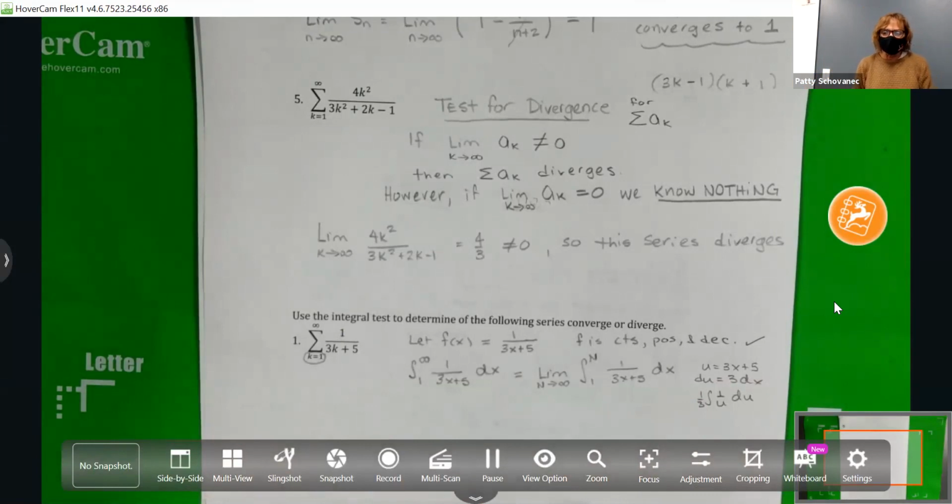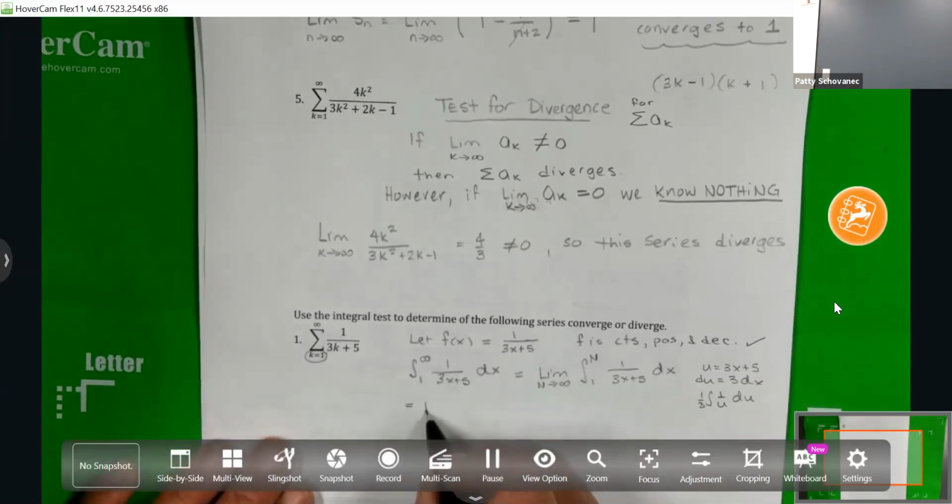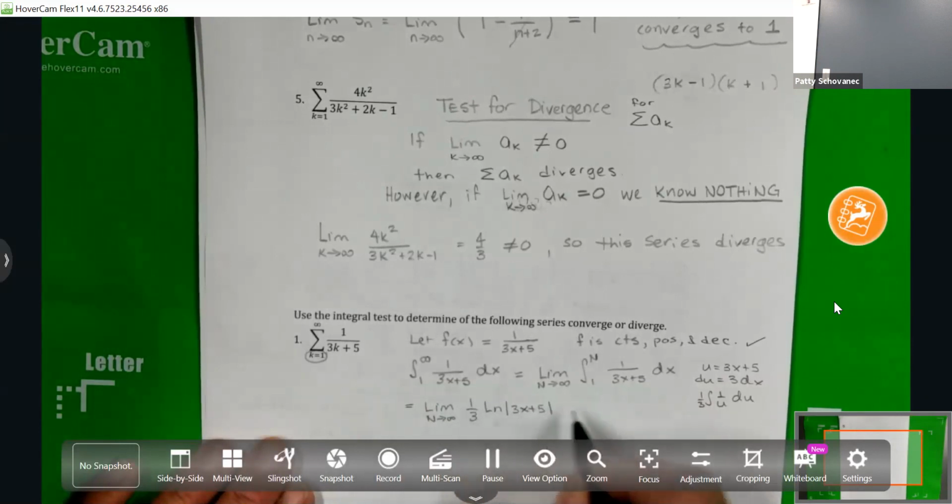I get, in this example, 1/3 times the natural log of 3x plus 5, evaluated from x is 1 to x is n.